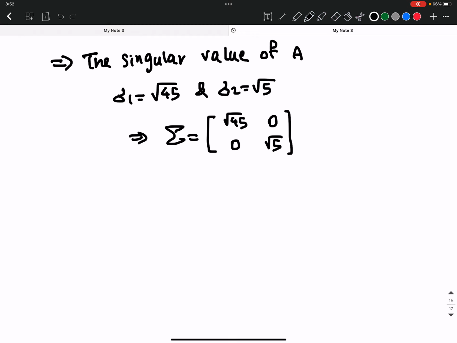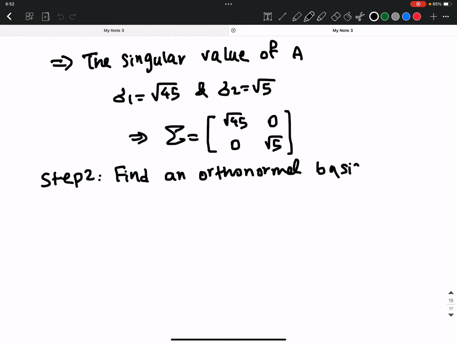So step 2: I need to find an orthonormal basis of eigenvectors of A transpose A. These eigenvectors of this matrix can be many different vectors, but we want an orthonormal basis of those vectors.